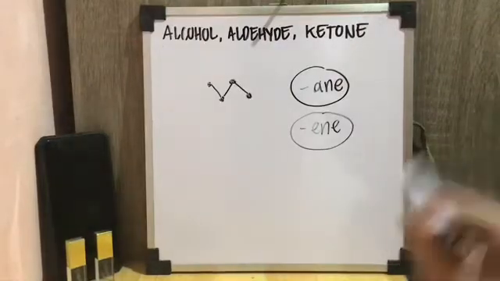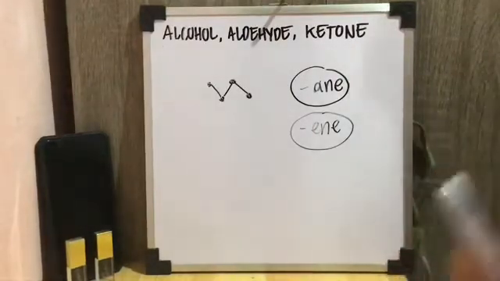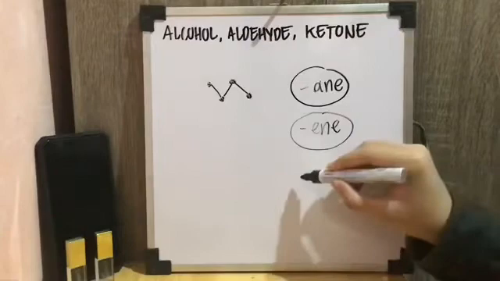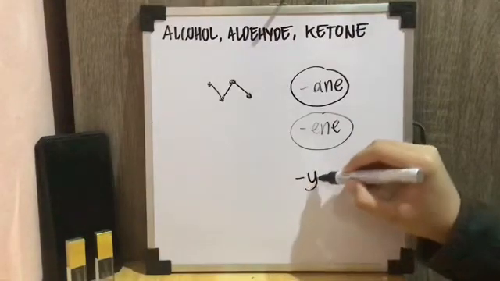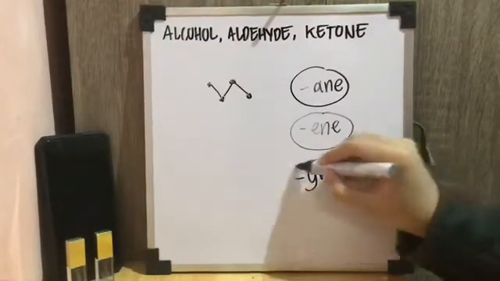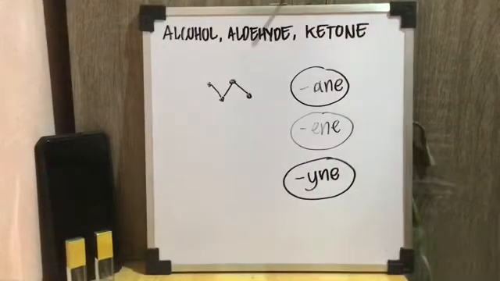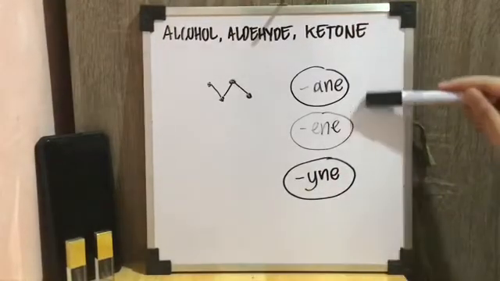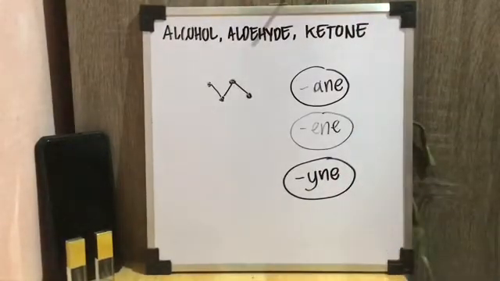If there is a triple bond present, you would use the suffix -yne. These three will come in handy when naming organic compounds, as they signify what bond is present in your organic compound.